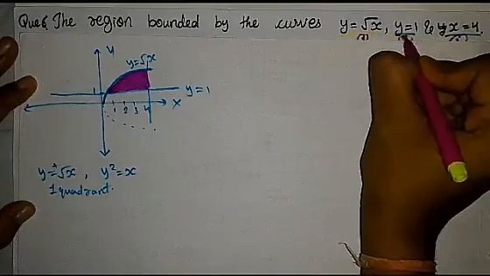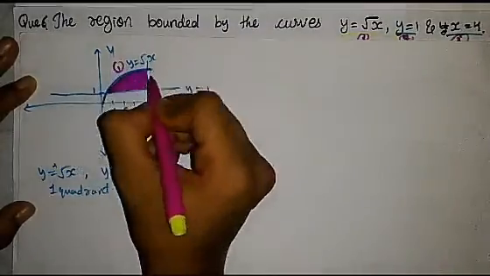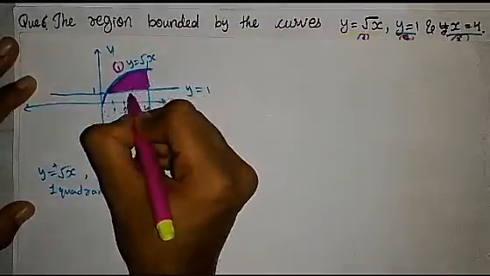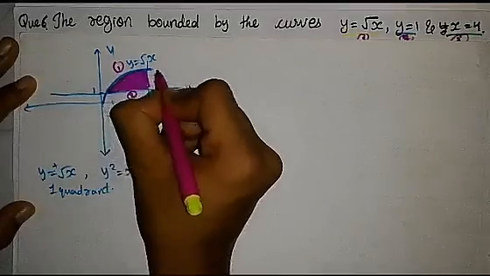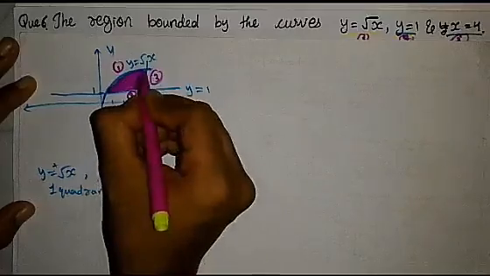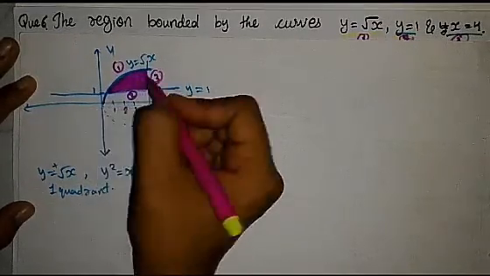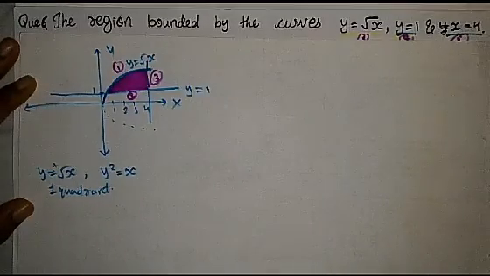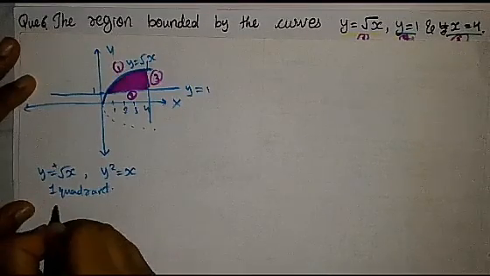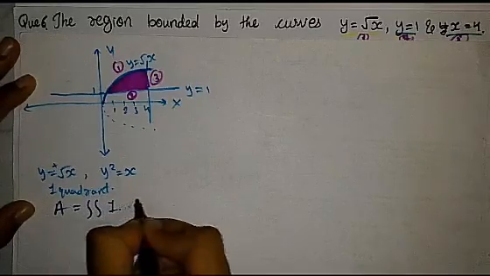So let's check. This one is there, y is equal to 1, the second one and third one. So this region is bounded by all three curves. This is our region of which we have to find the area. Now we know that formula of area is equal to double integration 1 into dA.